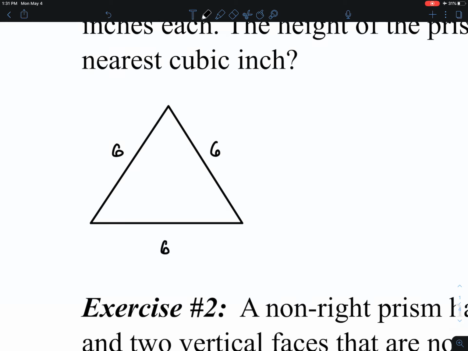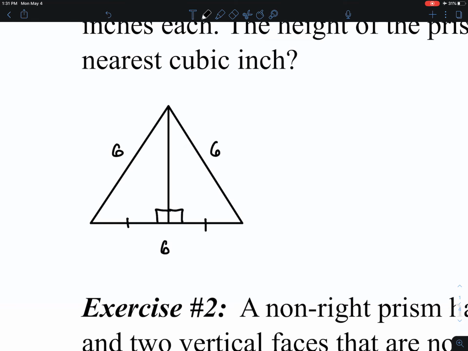Okay? You have to realize that an equilateral triangle can be cut into two congruent right triangles, right? And those right triangles are going to be congruent because we know that an altitude is also a median, is also an angle bisector, is also a perpendicular bisector in an equilateral triangle.